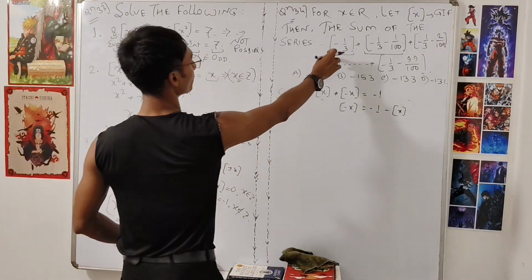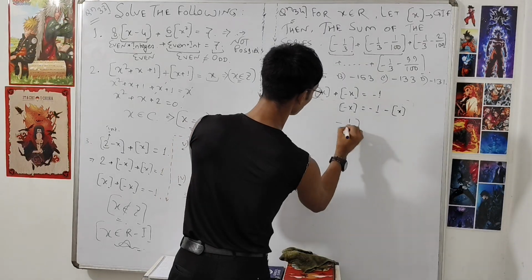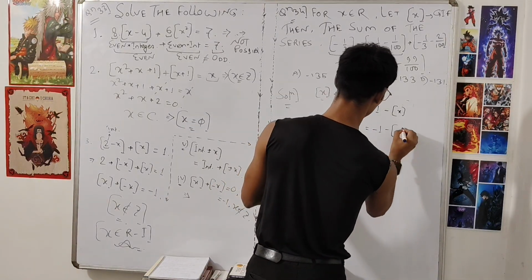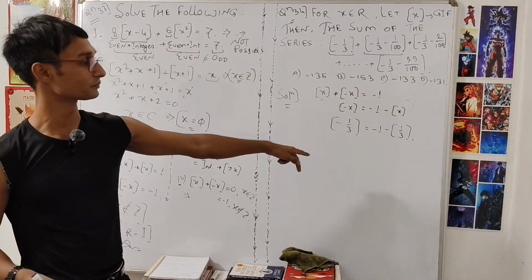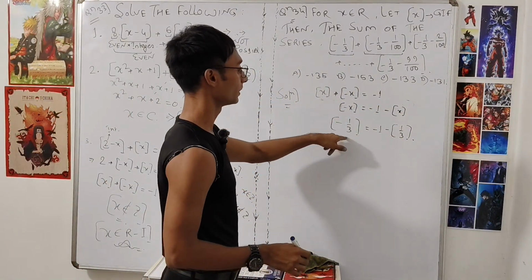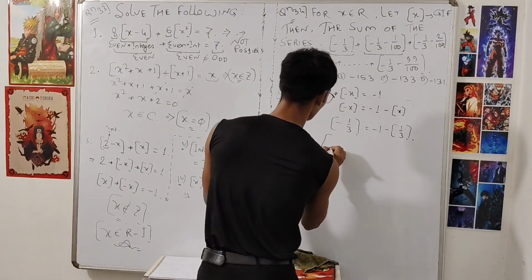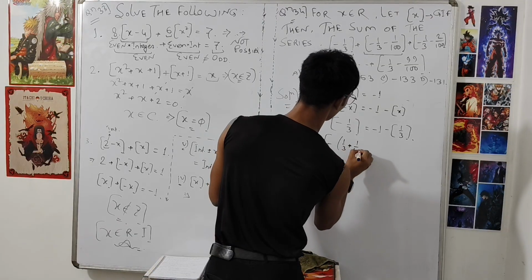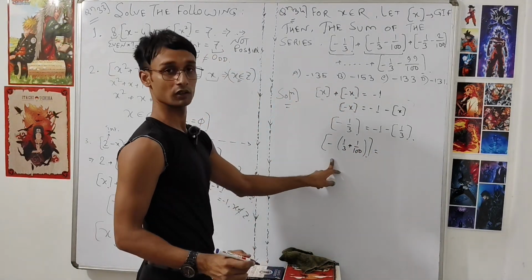So from this one, minus of box 1/3, what can we write? Minus 1 minus of box 1/3. Can you write it? Yes. Put 1/3 in place of x. Is it visible or not? Yes. Now put 1/3 plus 1/100 in place of x. Okay, then what will we write?